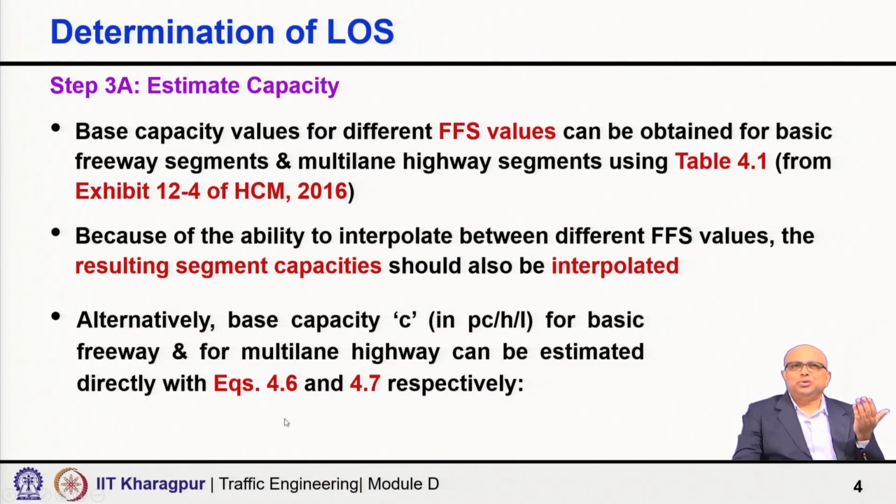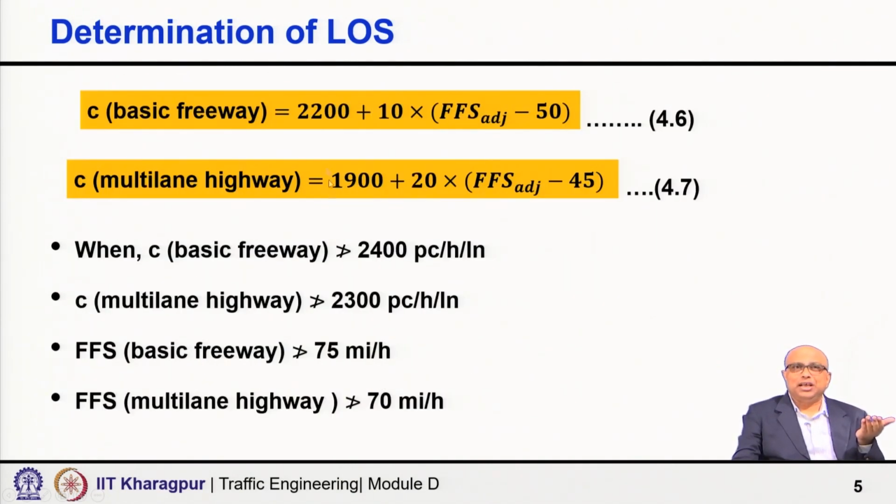Alternatively, we can use equation 4.6 and 4.7, which were mentioned earlier, but again I have mentioned them here, that we can directly use these equations. This is for basic freeway segments and this is for multi-lane highway segments.